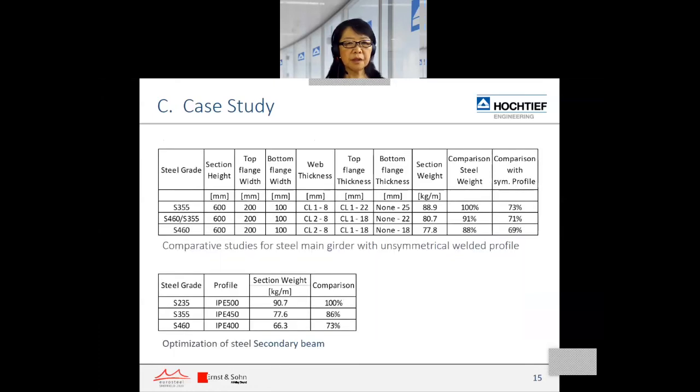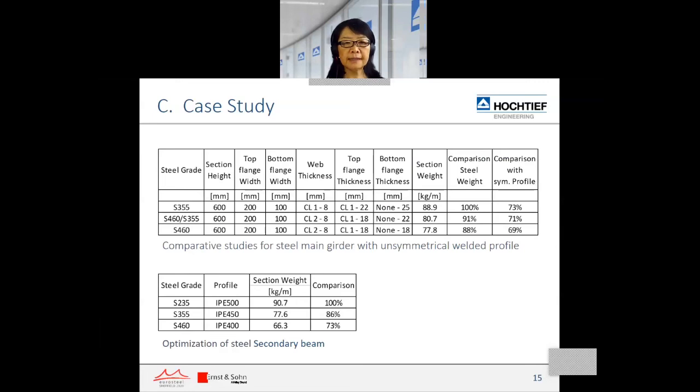The first table shows the optimization results for the main girder with unsymmetrical profile, because that profile is highly effective when lateral torsional buckling has to be considered. In this example, the self weight of the girder in S460 could be reduced by up to 31% in comparison with a symmetrical normal plate girder in S355.